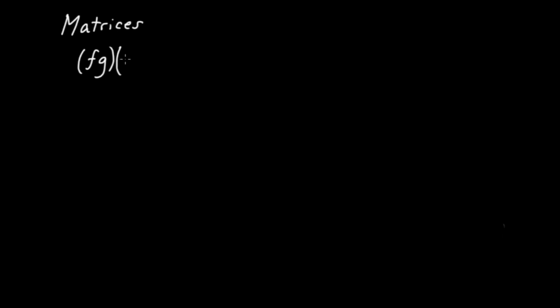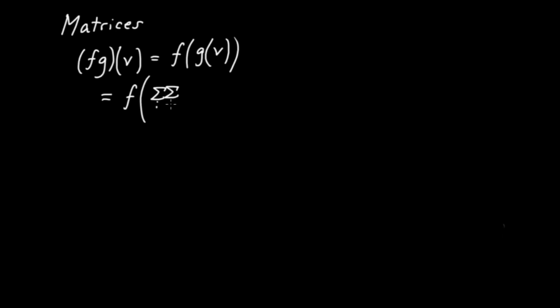We use the same procedure. We operate upon v. This by definition is f of g of v, as we defined in the last video. Let's consider g of v first, which we already know. This is going to be the double sum over i over j of g ij v sub j e sub i.